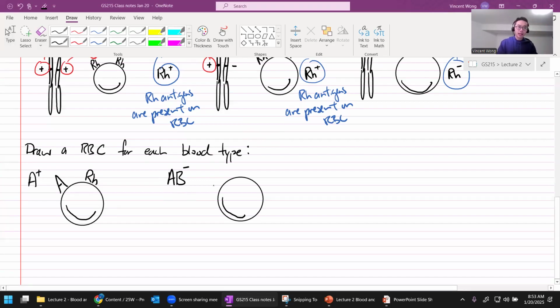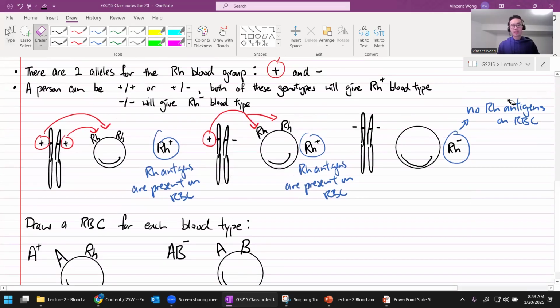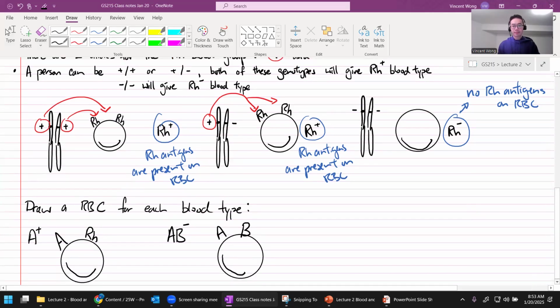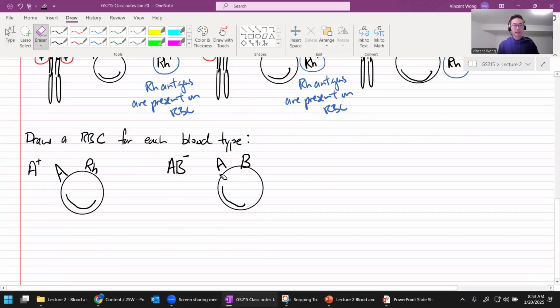AB means there will be A, and B means there will be B. And this person is negative. If they're negative, should we put the RH on or no? What does negative mean? Negative means no RH antigens on the RBC, so that's it. Okay, that is it.